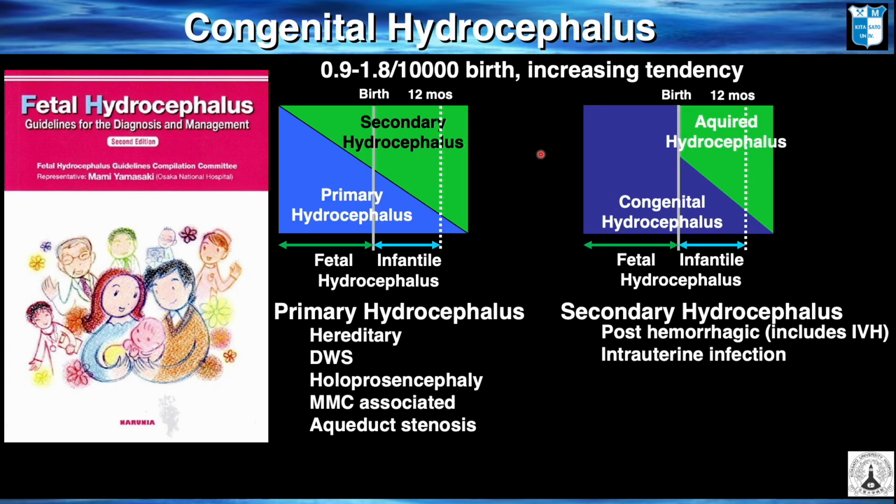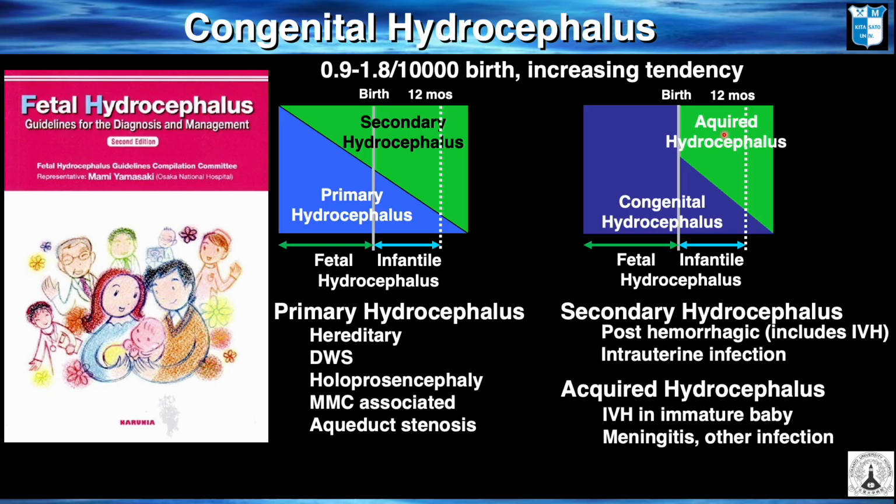On the other hand, when we say congenital hydrocephalus, this means the fetal hydrocephalus and some part of the primary hydrocephalus diagnosed after the birth. This part of the secondary hydrocephalus diagnosed after the birth is called acquired hydrocephalus: intraventricular hemorrhage, meningitis, or other infections.